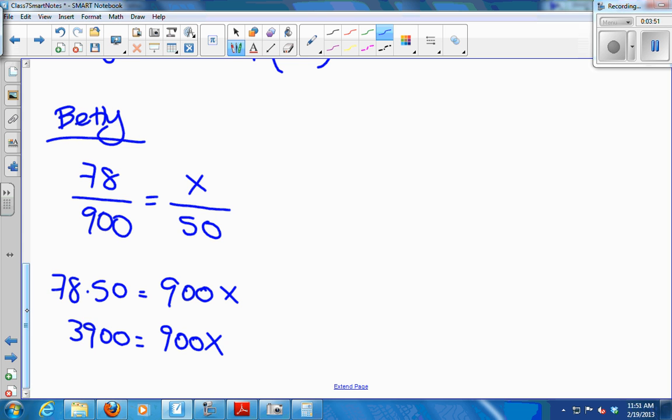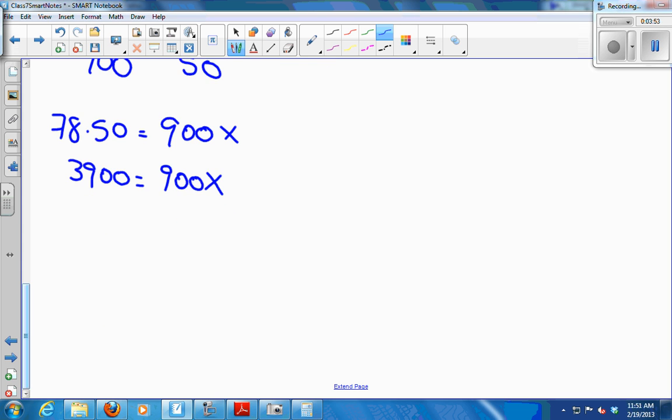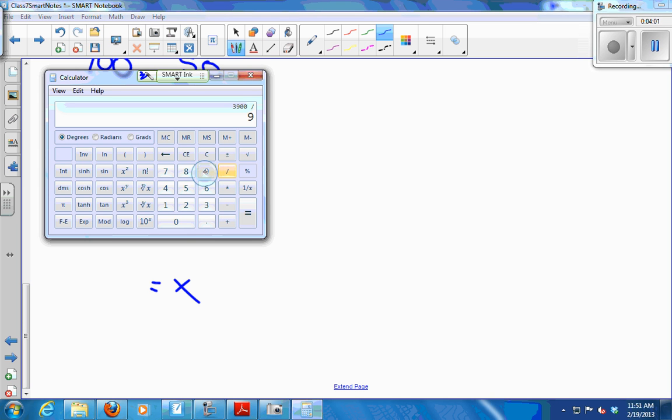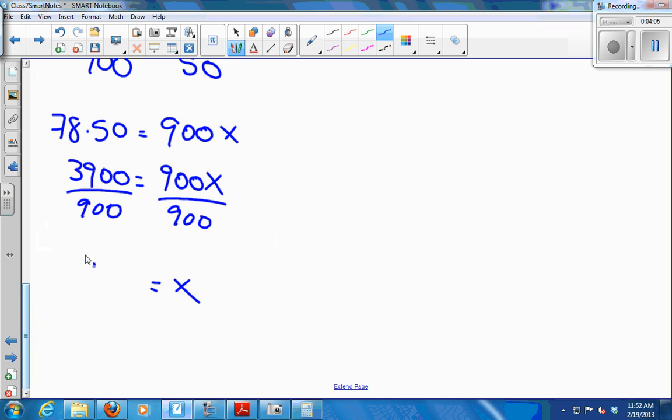Divide both sides by 900. So we get x equals 4.33. So Betty should get 4.33 pieces of candy. That's her exact fair share, right?